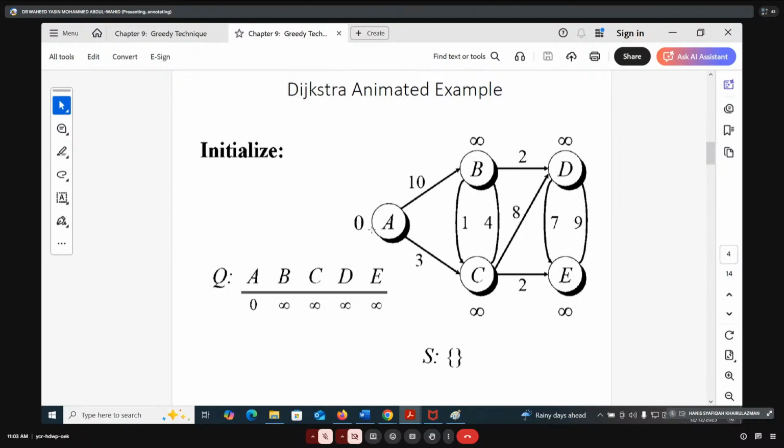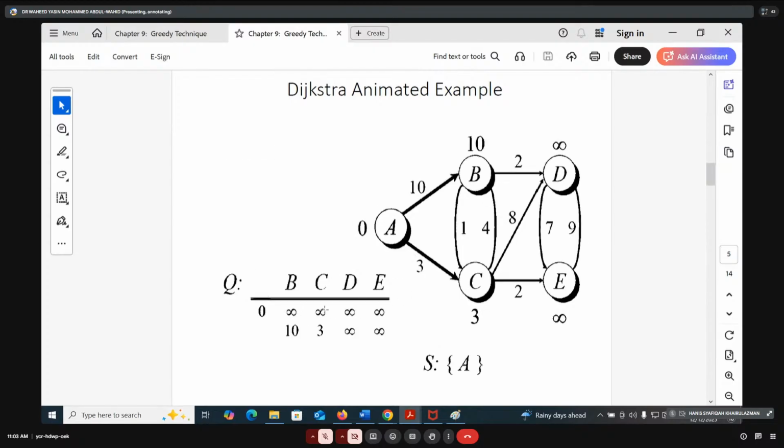So here I have A to B 10, so I replace it with 10. A to C 3, so I replace with 3.